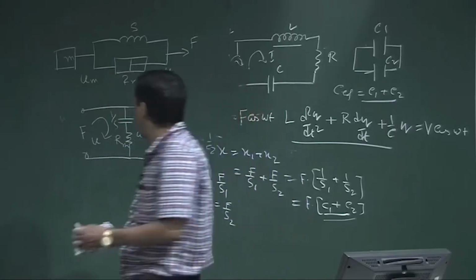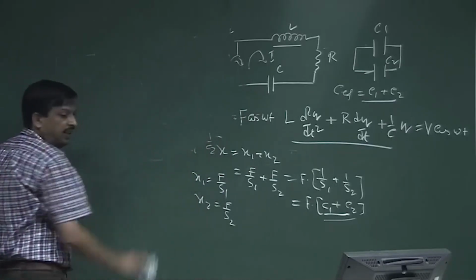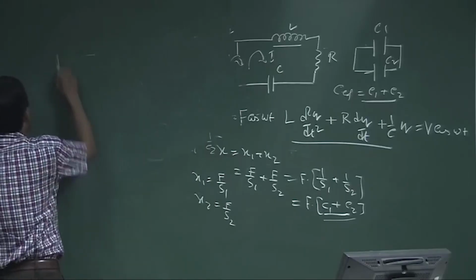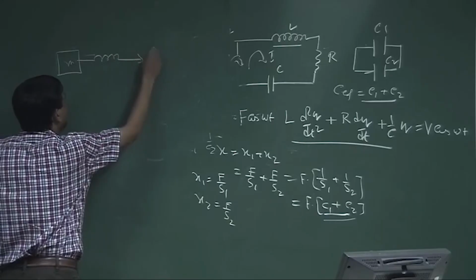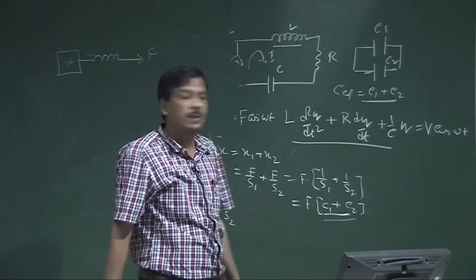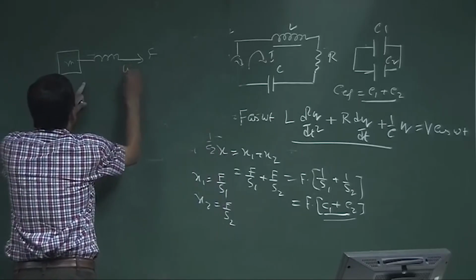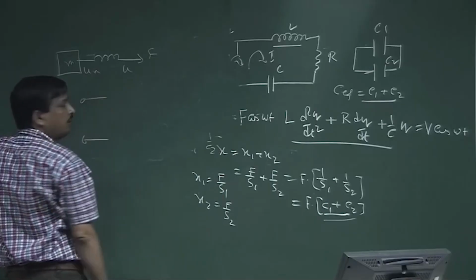Similarly, suppose I have a mechanical circuit like this: mass, spring, and the force is applied here. Similarly, I will say this is u and this is um. So, this is the force between the 2 points, the force applied here.